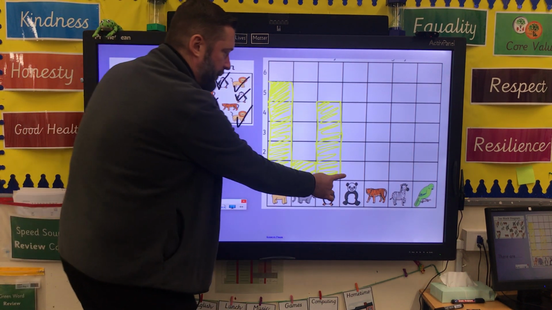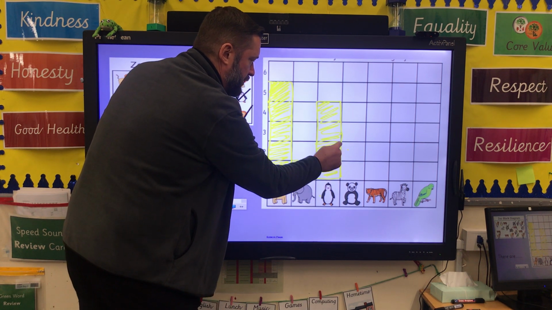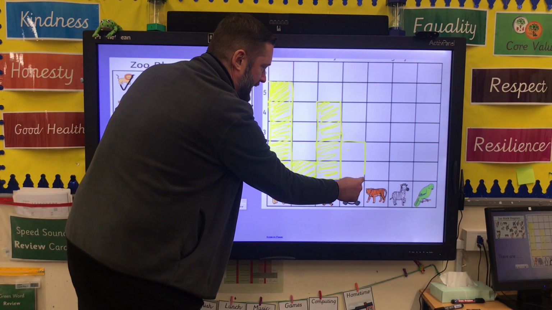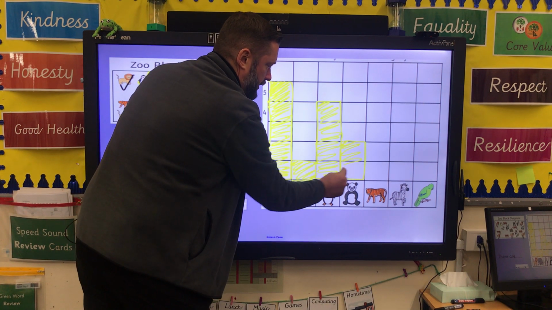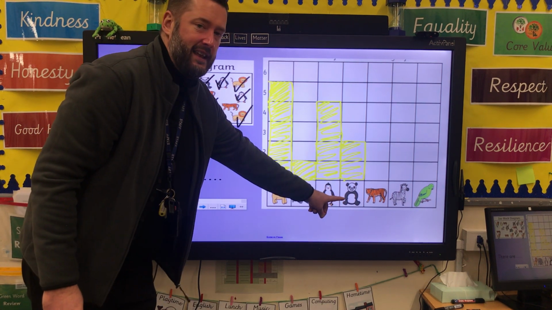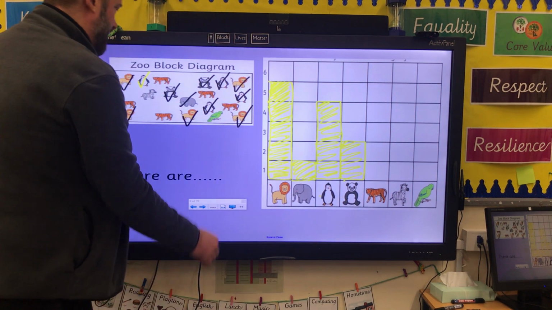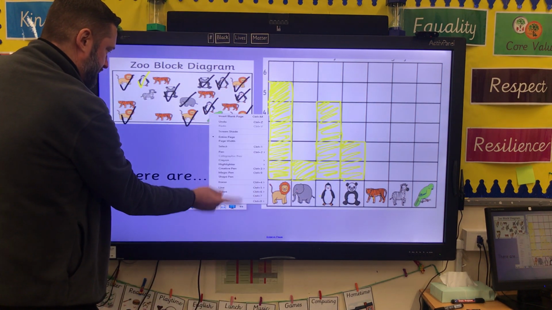So right above the pandas, I'm not going to start here, I'm going to start at the bottom. I'm going to do 2 squares to make this block. So this block now represents 2 pandas in the zoo. There are 2 pandas in the zoo. Which one next? Tigers.